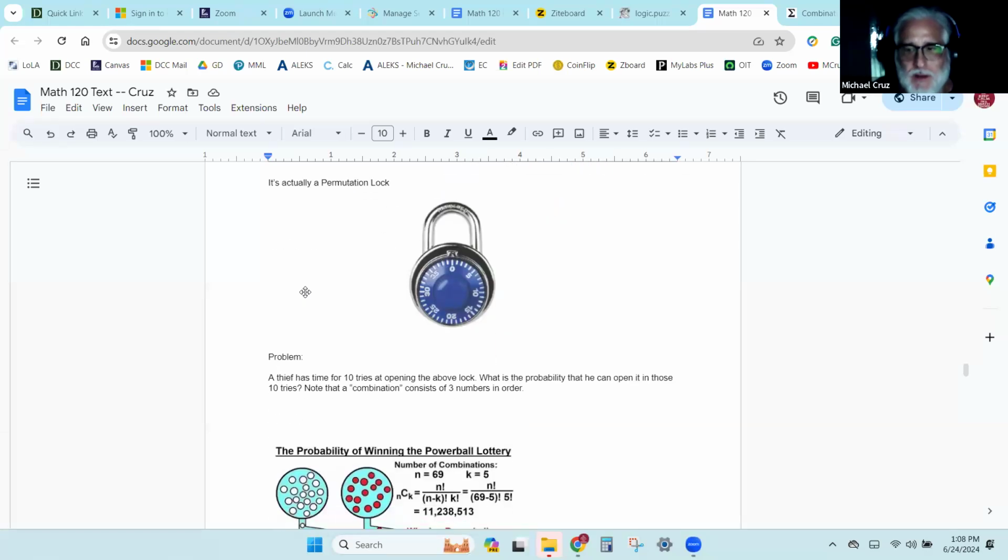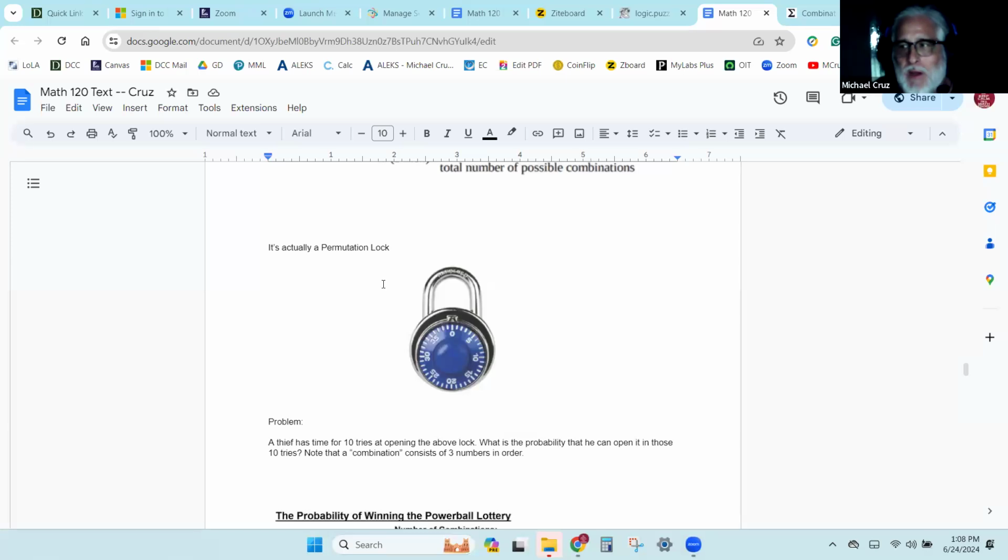So let's look at the idea of a lock, and this is why these things are sometimes hard to understand, because the word that we use for permutation in mathematics generally doesn't get used in regular street language. People would just say combinations.